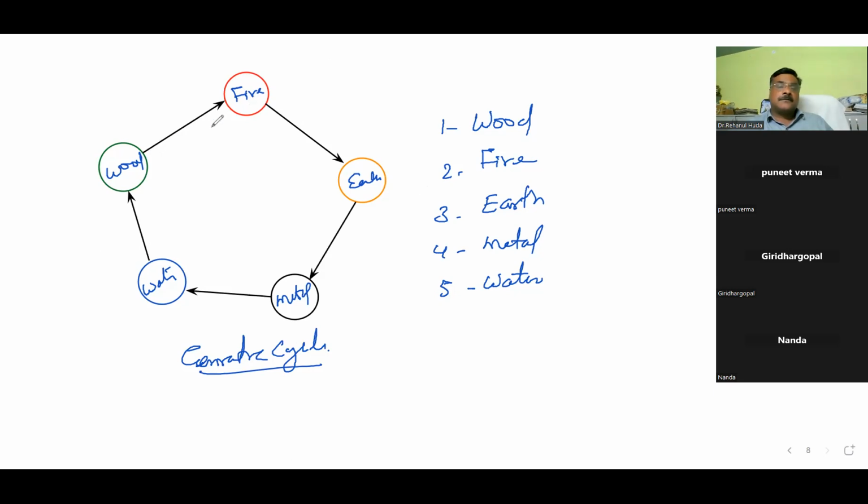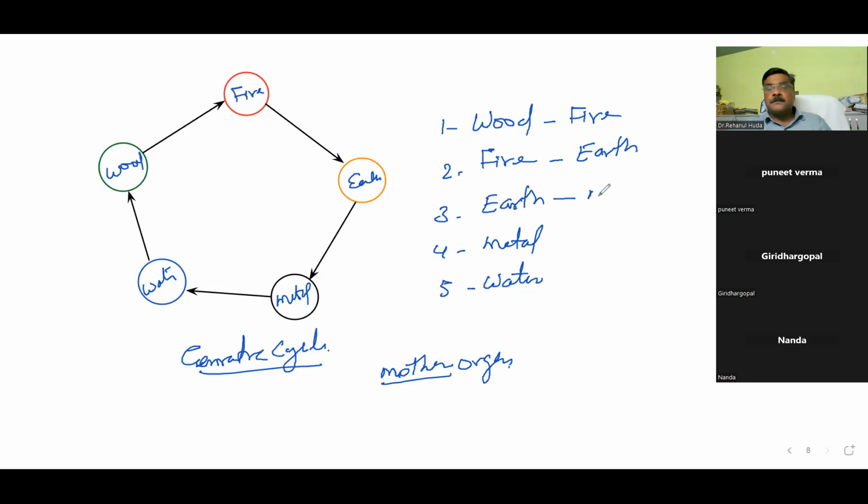The organ which is nourishing is called the mother organ. So wood is nourishing, or giving energy to, fire. Fire is nourishing earth.